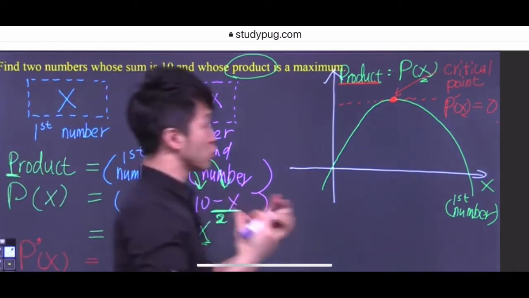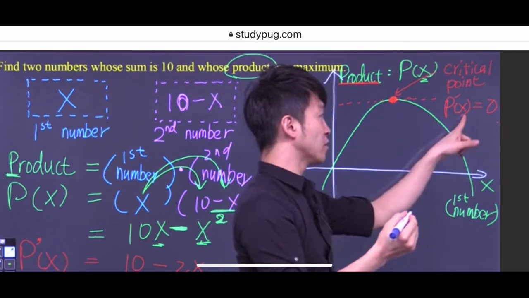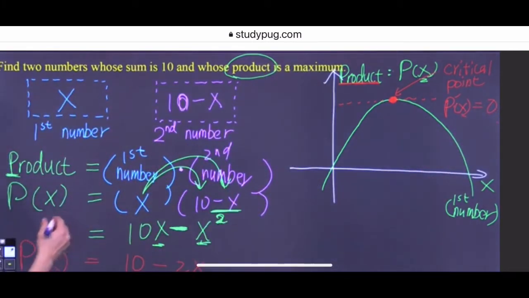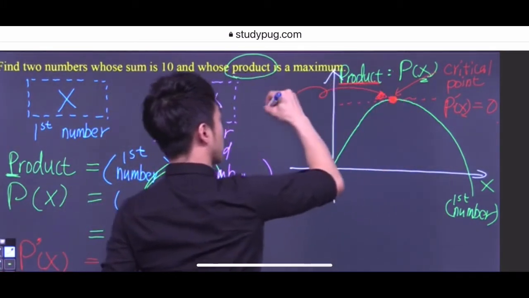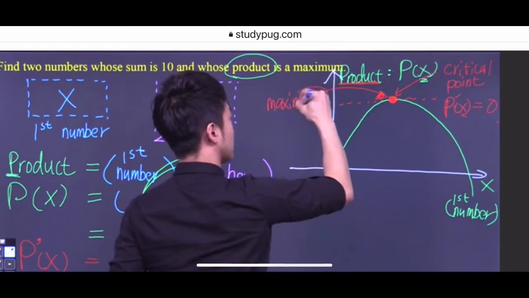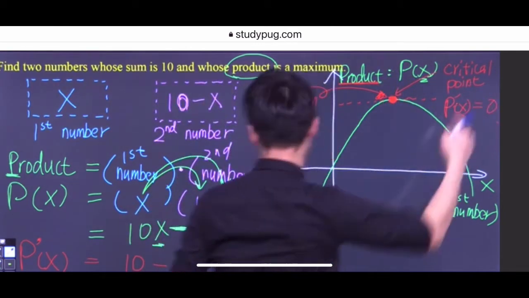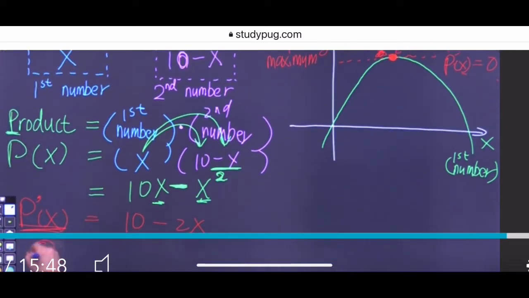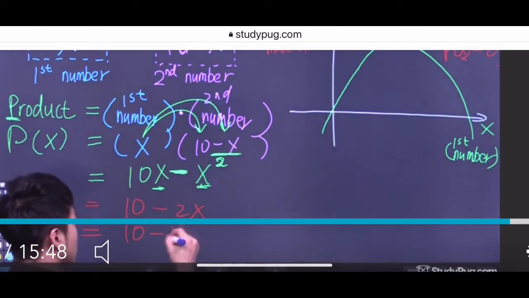Now, in order to find the maximum, we need to set the derivative of the function equal to 0. So 0 is equal to 10 minus 2x.